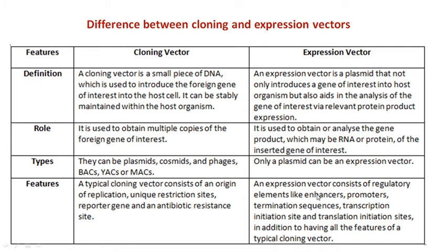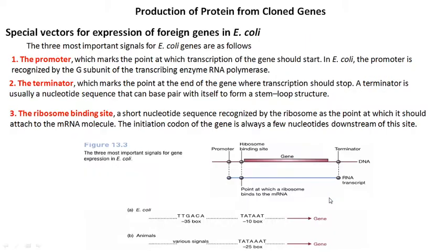Apart from that, they should contain some additional features like promoter, enhancer, terminator, and transcription initiation sites. So these additional features make a plasmid vector or cloning vector convert into the expression vector.